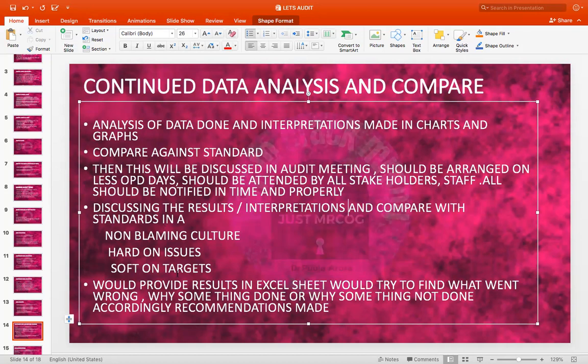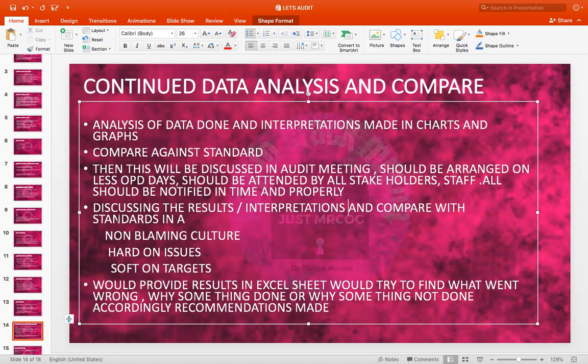I know you are all aware of these three buzzwords: non-blaming culture, hard on issues, soft on targets. I am 100% sure every one of you is very much aware of these three lines. Non-blaming culture, hard on issues, soft on targets.